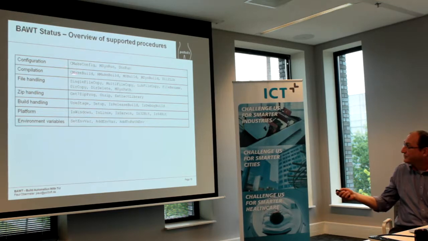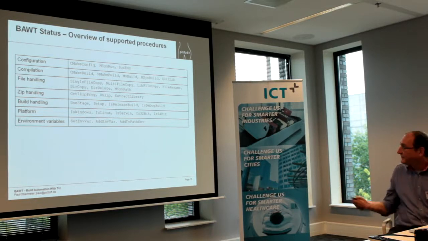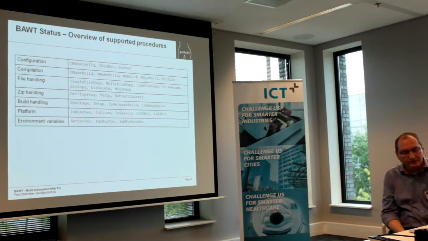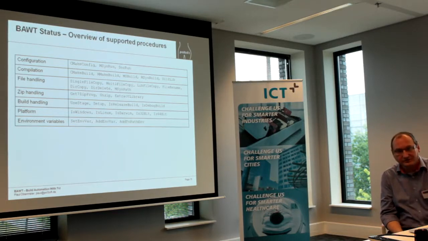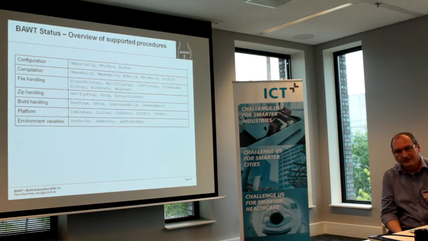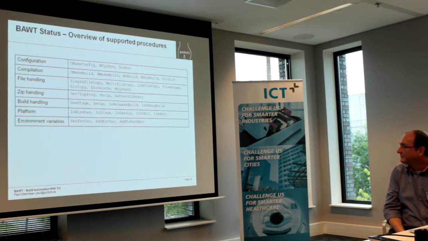For compilation, you have CMake build, nmake build for nmake files, and ms build for Visual Studio project files, then the MSYS build for MSYS builds. And you have utilities to convert generated DLLs into import libs, which you need if you compile your project with the libraries. You need these import libs on Windows.